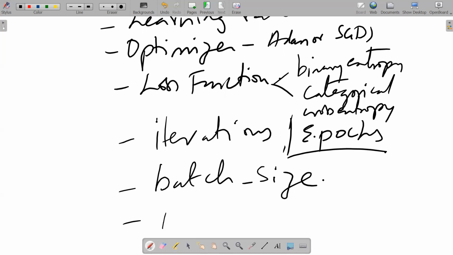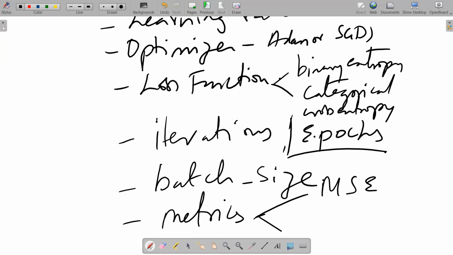And metrics are the same. MSE or mean square error or RMSE, accuracy for classification. So you can have these metrics. These are the important parameters which you need to define for a basic neural network.